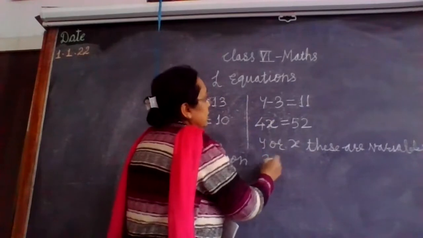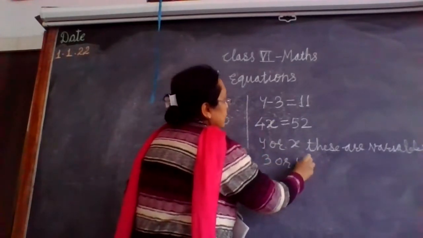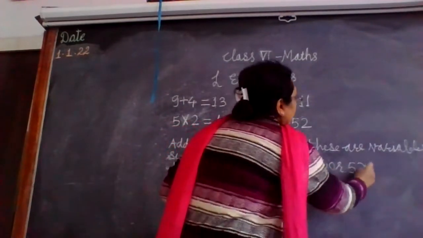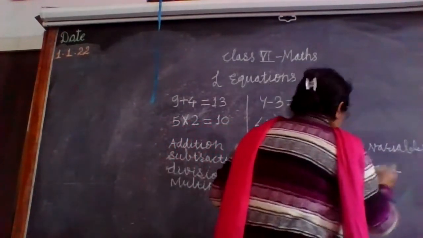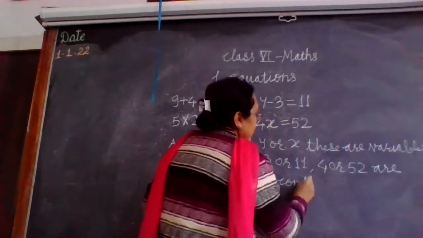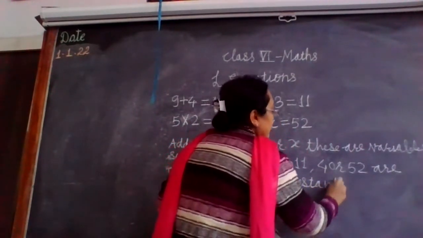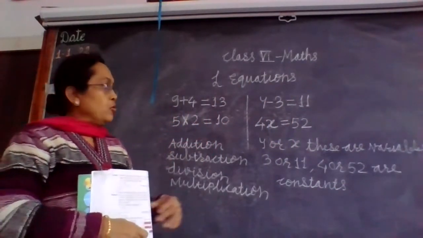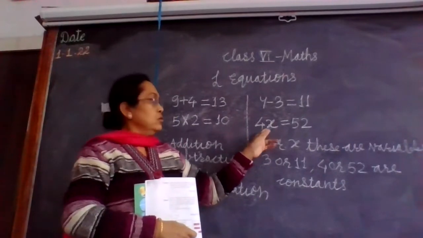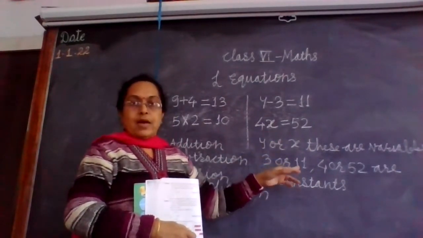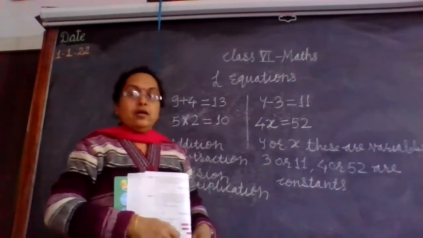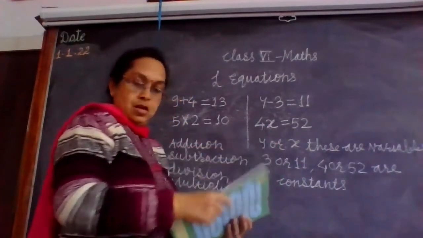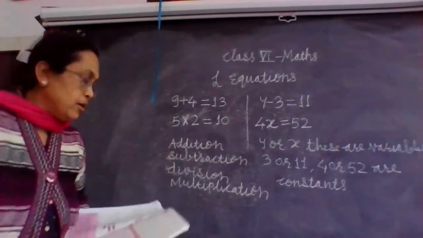So here 3 or 11, 4 or 52 are constants. Variables in the sense, we have to find out values for those variables. That means to solve the equation. Now let us see how it will be solved.